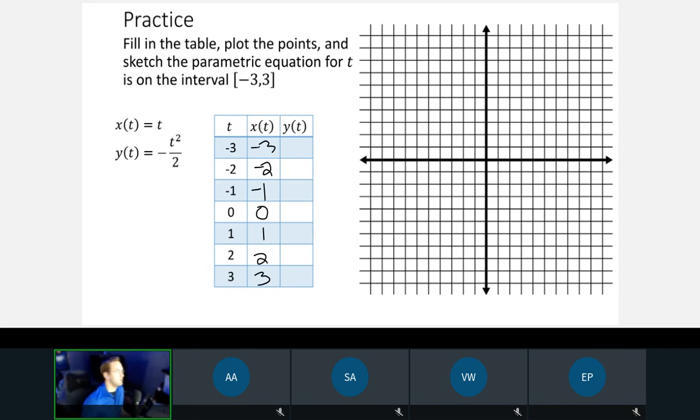All right. And then what are your y values? Negative 4.5, negative 2. You said negative 0.5.